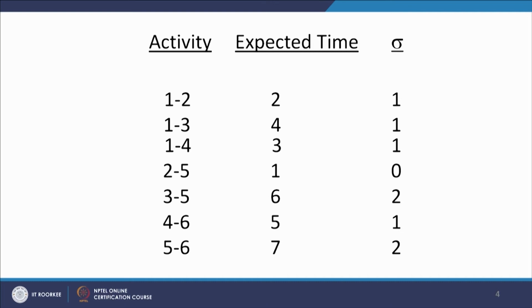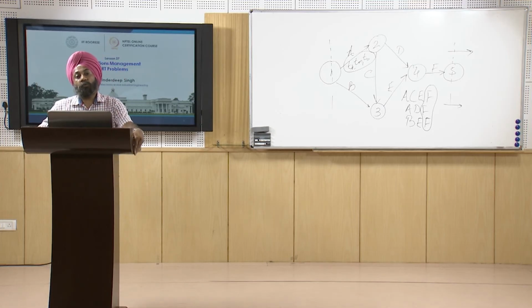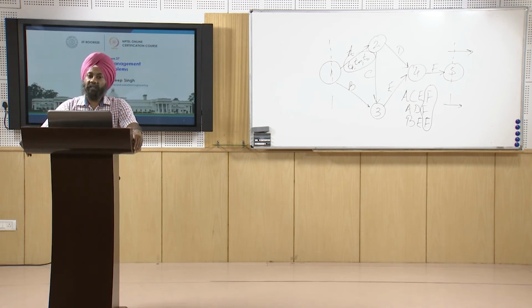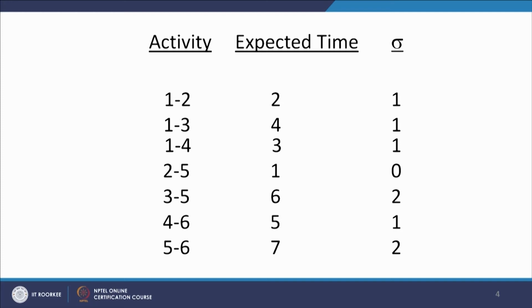Based on those 3 time estimates, we calculate the expected time for each activity using the formula we saw in the previous session, that is (TP plus 4 times TM plus TO) divided by 6. Similarly we calculate the standard deviation for each activity. This table shows the expected time and standard deviation for each activity.